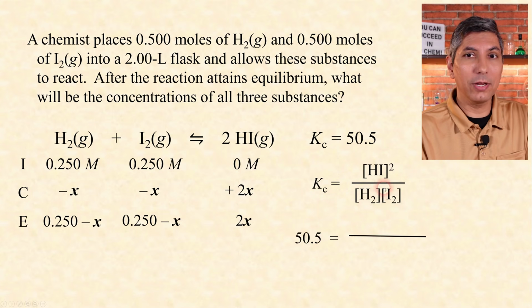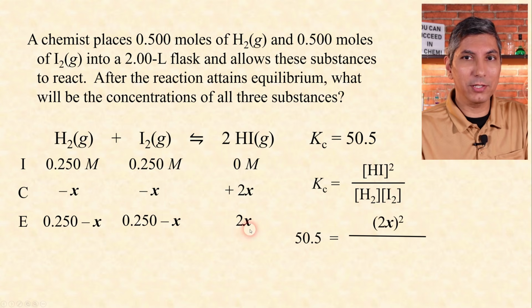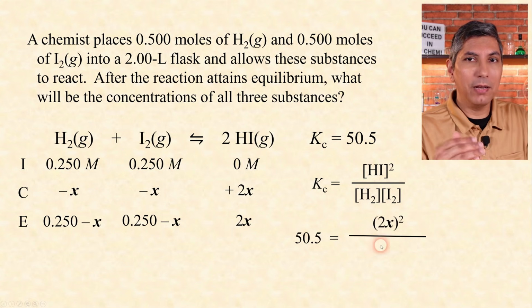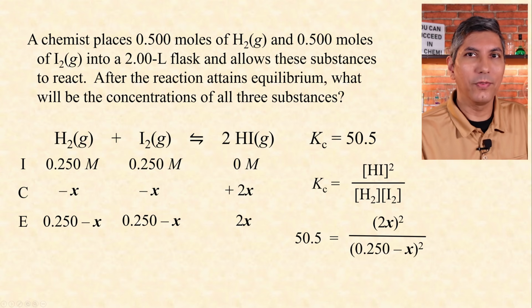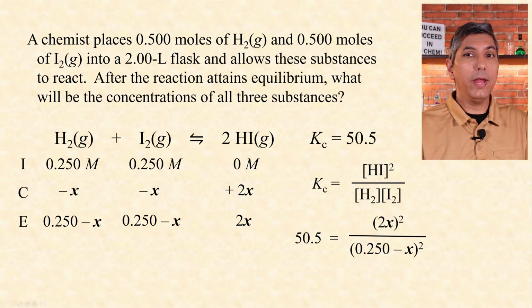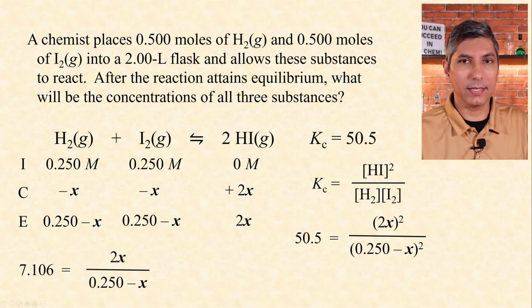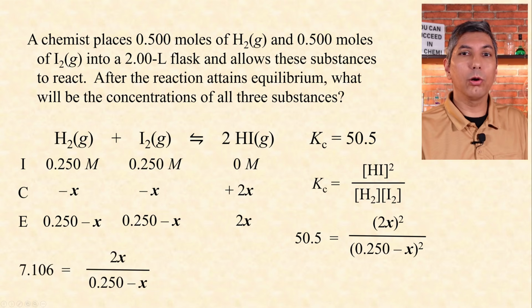The HI concentration is 2x, quantity squared, and in the denominator we have 0.25 minus x for both of our reactants. To solve this equation, let's take the square root of both sides. So we have 7.106 equals 2x all over 0.25 minus x.